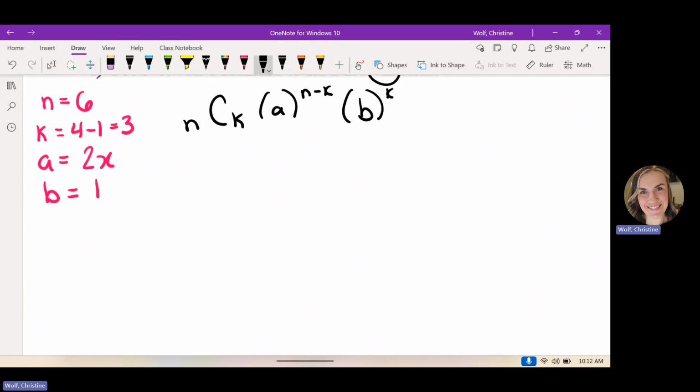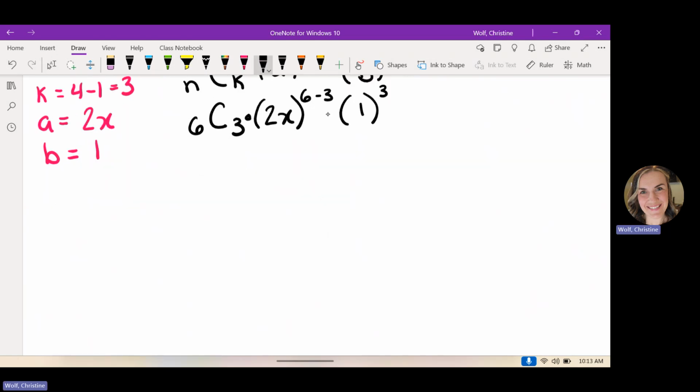All right. So nCk would become 6C3 multiplied by A, which is 2x, to the power of n minus k, so 6 minus 3. B is 1. Again, K is 3. All right, and now we have to clean that up, unfortunately. So one thing at a time. You kind of have 3 pieces here, one at a time.